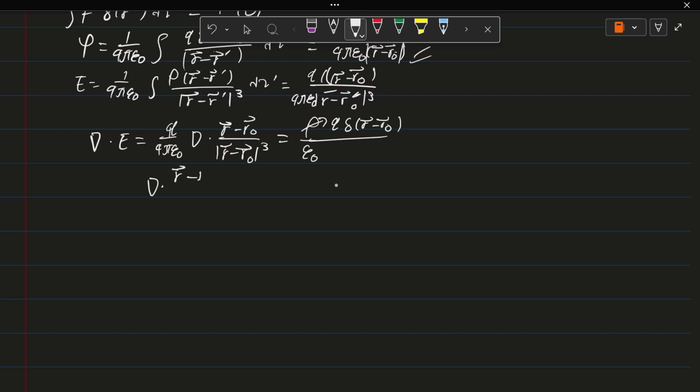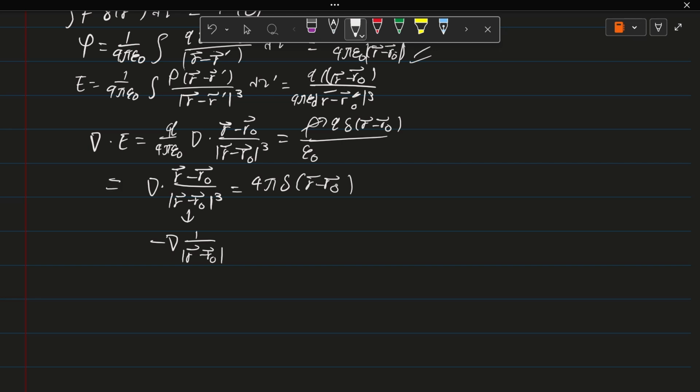The divergence of this function here, r vector minus r0 vector over the length cubed, must be 4 pi times the Dirac delta. And you could observe something much further. You could see that this thing here is just the negative gradient of 1 over the length of r vector minus r0 vector, right?